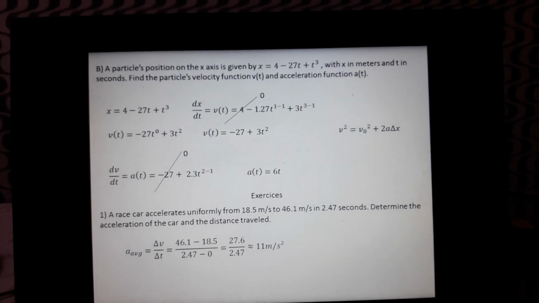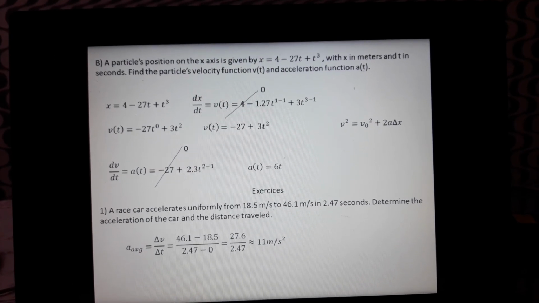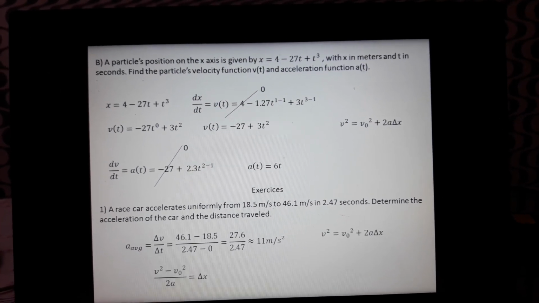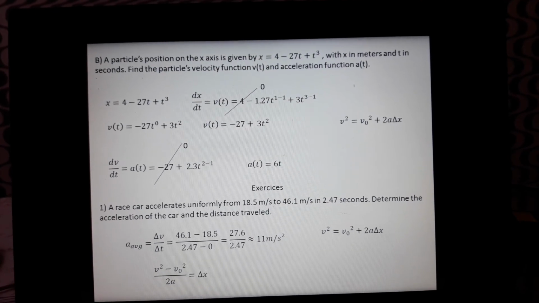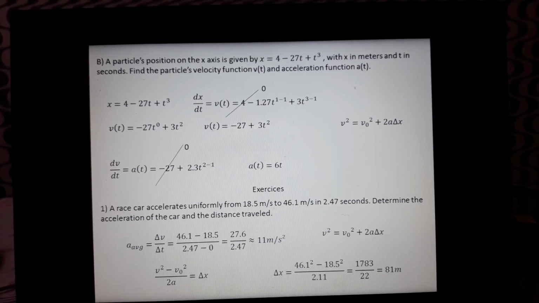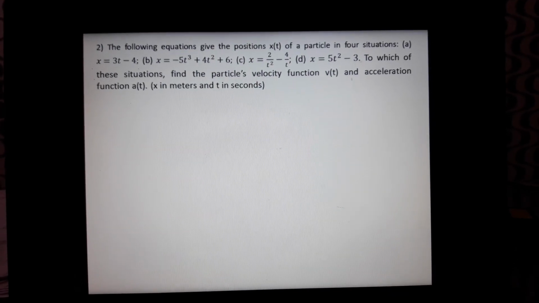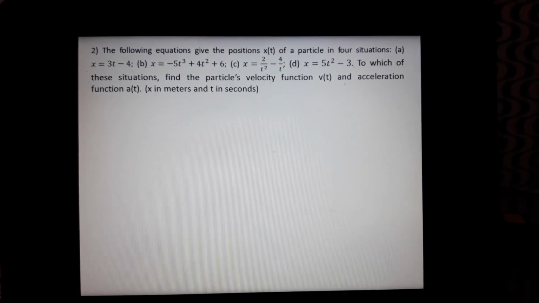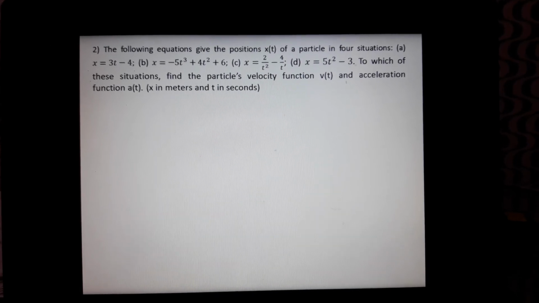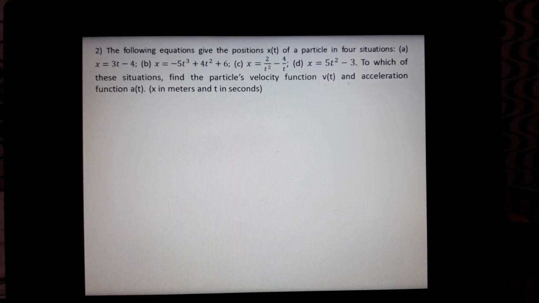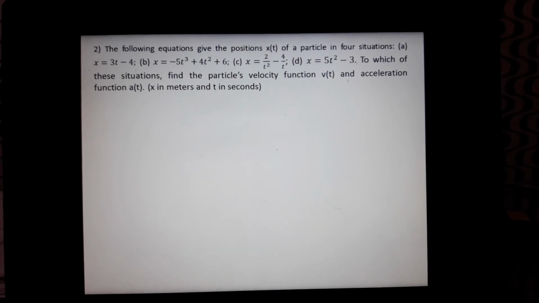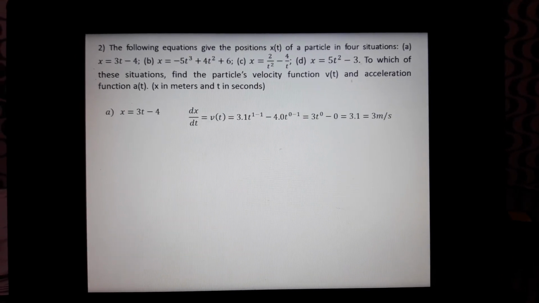It's final velocity minus initial velocity. We have a time, and here you use this formula to find delta x. It's the distance. We have 81 meters. Here it's just derivation with the same idea. Stop now and try to do it. I will quickly show how to do it.